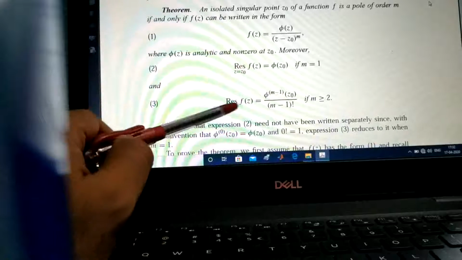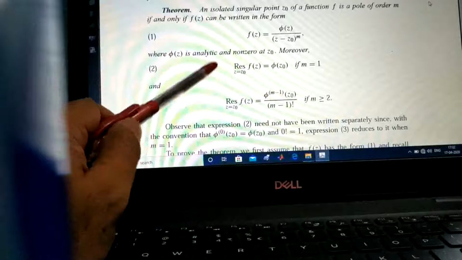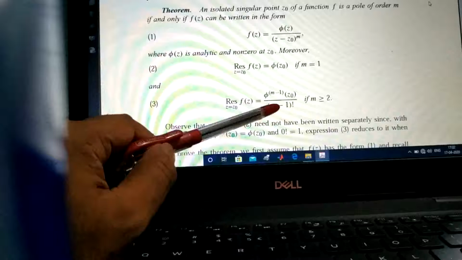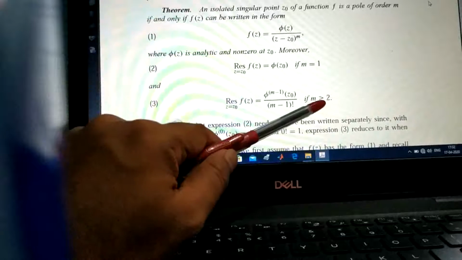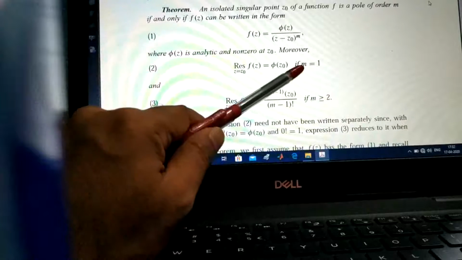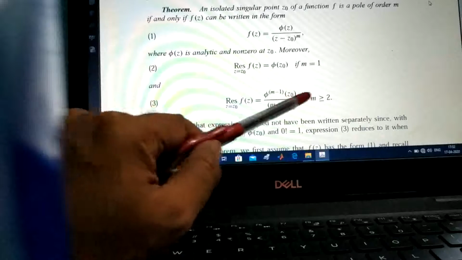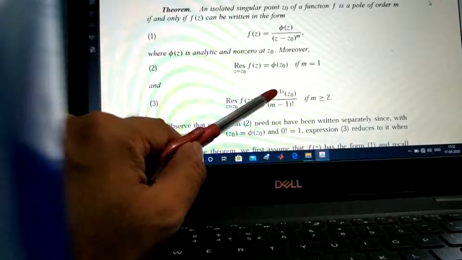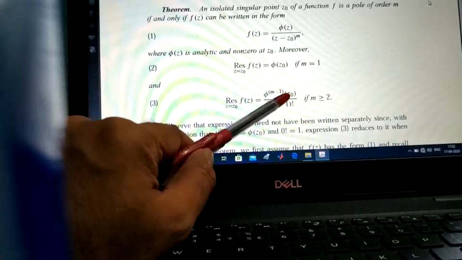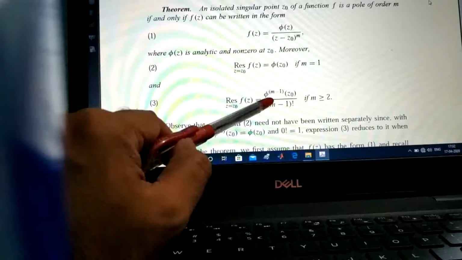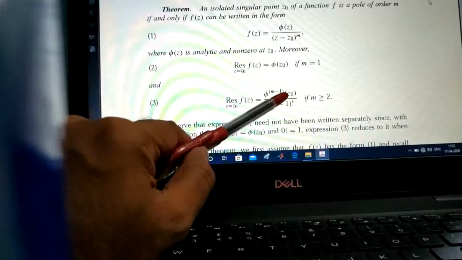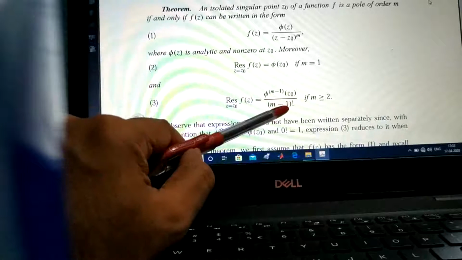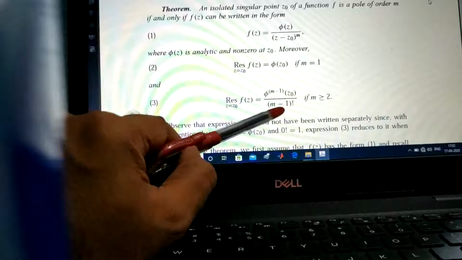See here, these two forms can be combined and represented together. If we write m greater than or equal to 1 here and put m equals 1, we get the 0th derivative of phi at z0, meaning no derivative, so the phi value at z0 divided by (1 minus 1) factorial, which is 0 factorial, and 0 factorial is 1.